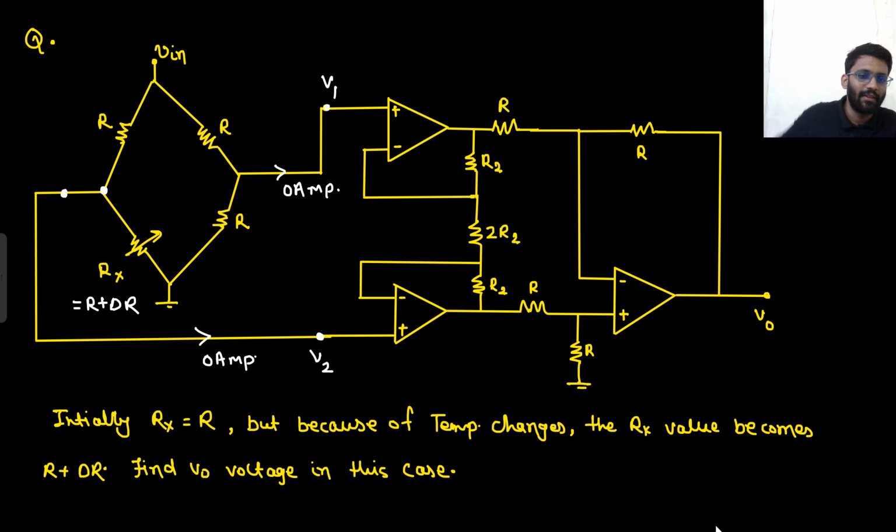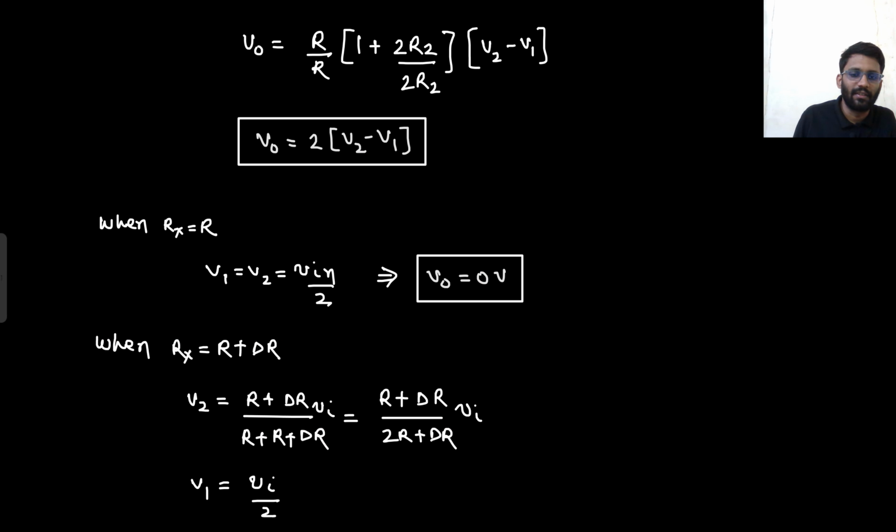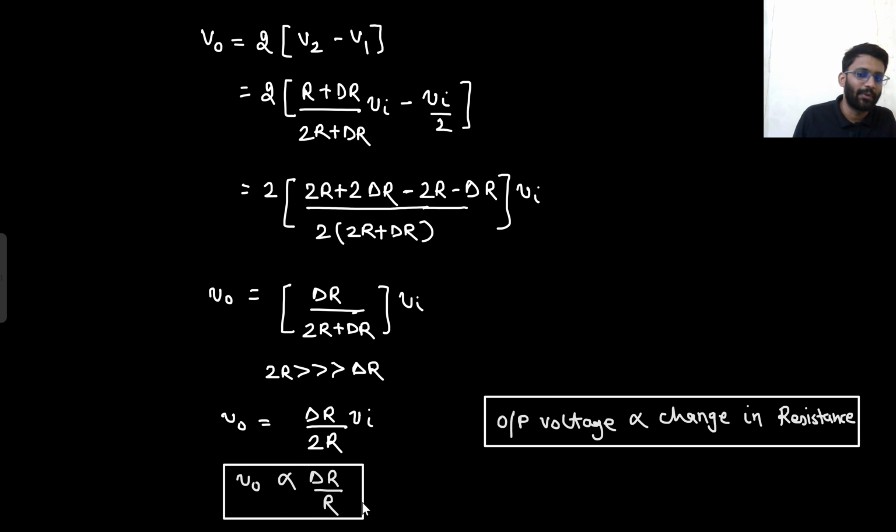Then I could write down the final output, that is R by R into 1 plus 2R2 by 2R2 into V2 minus V1. Initially the resistance was the same, but then the resistance changed. So the output also changed, but the output was proportional to the change in the resistance value. That's it. So this is the use of the instrumentation amplifier.